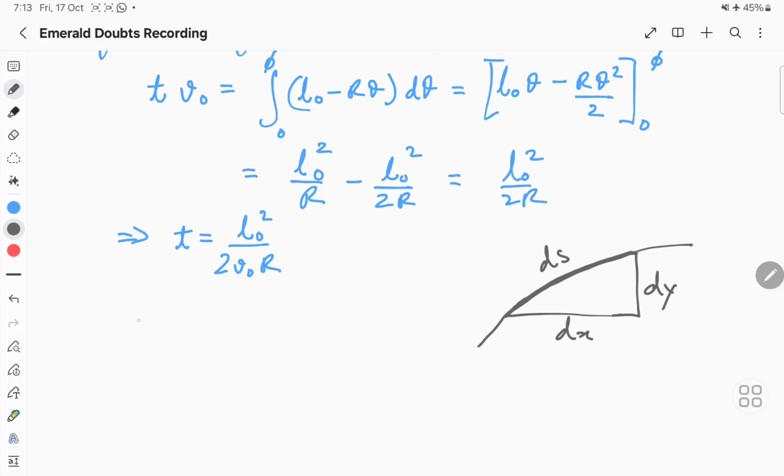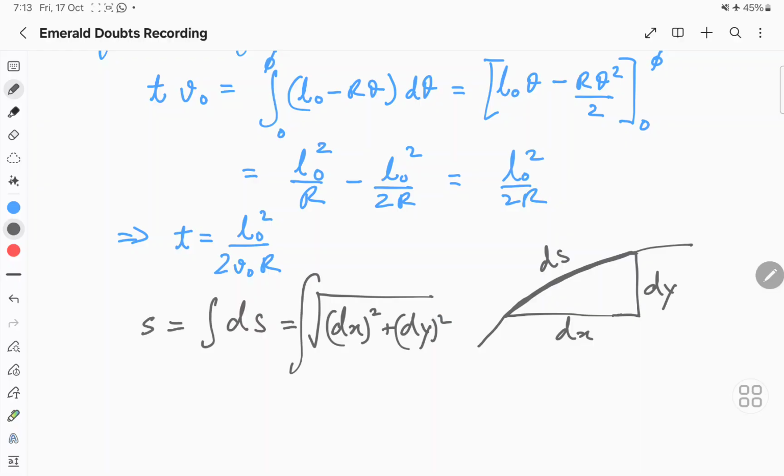So your length of trajectory s is your integration of ds, which is integration of under root of dx square plus dy square. So if you are able to do this integration, you get the length of the trajectory. So many a times we know the dy by dx, we know the slope, so it can be written in slope.